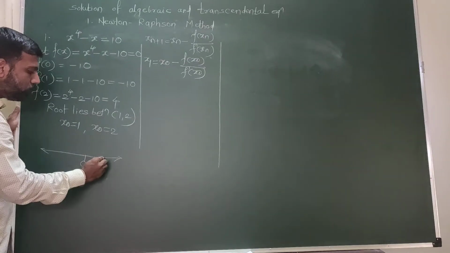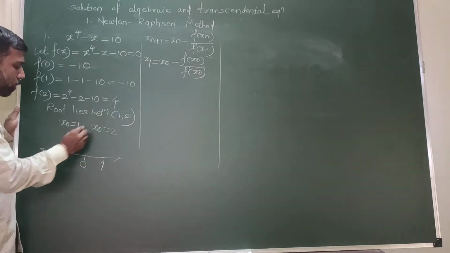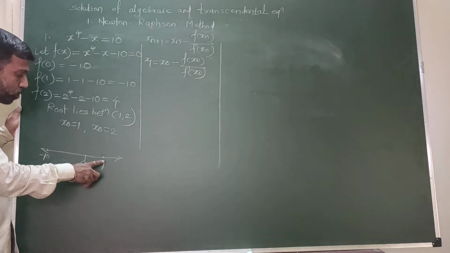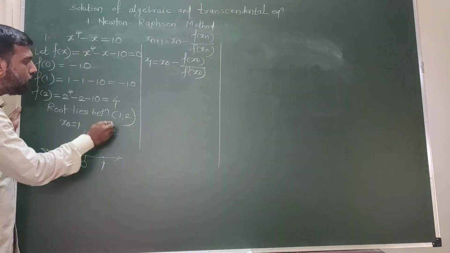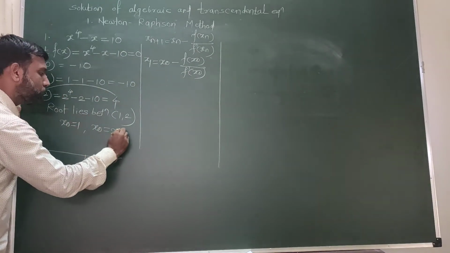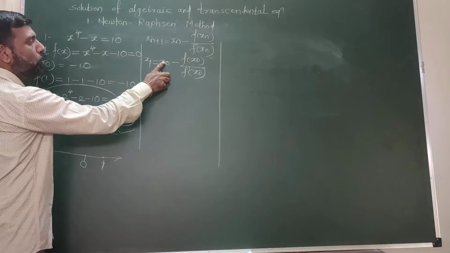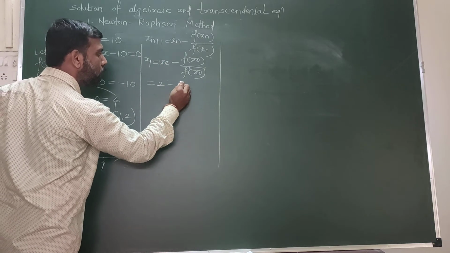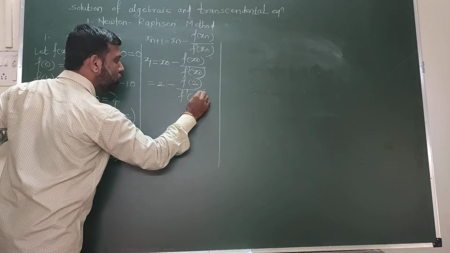This 4 value is nearer to 0 compared to minus 10. So for this respective 4 value, we assume x0 is equal to 2. Now substitute in this formula: 2 minus f of 2 upon f dash of 2.